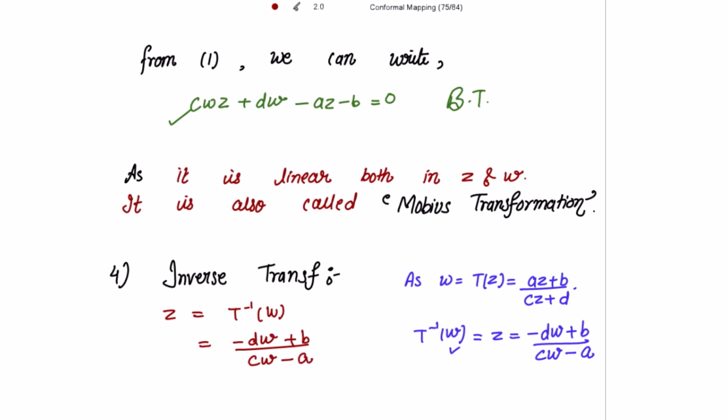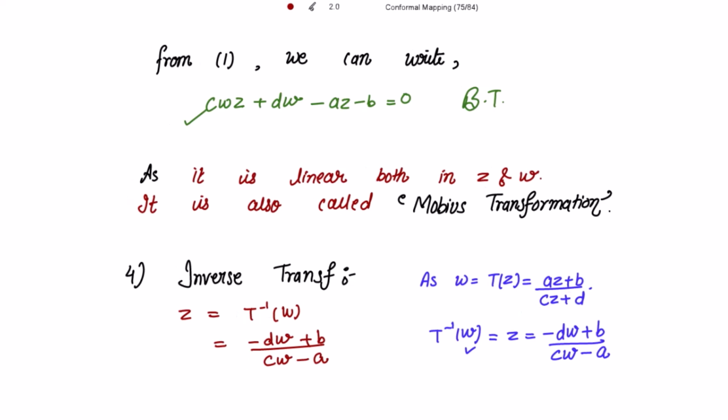If you remember, the determinant of the bilinear transformation w = T(z) is a multiplying with d and then taking its difference with b multiplying with c, that is ad minus bc. Now in case of the inverse transformation, what is the determinant? That is negative d multiplying with negative a, that is ad, and then its difference with b multiplying with c, that is bc.